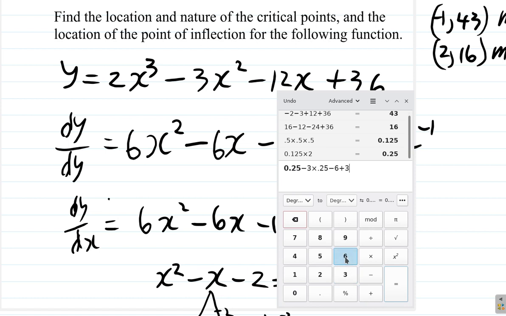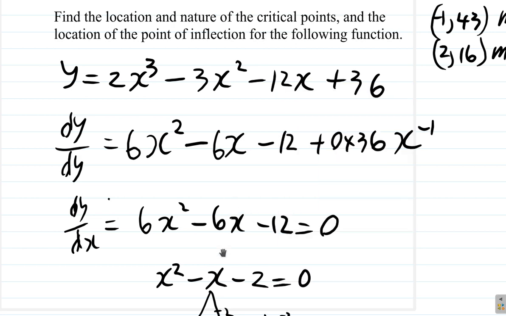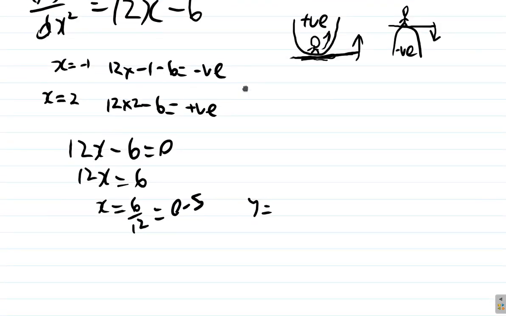Then you say plus 36 equals 29.5. Alright? So y is 29.5.